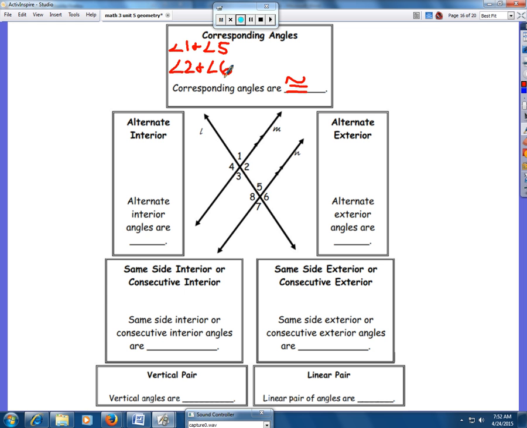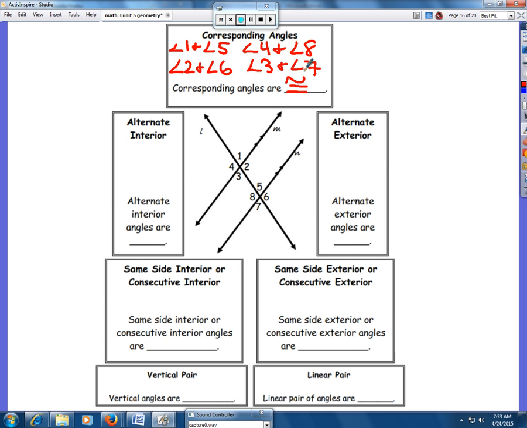Maybe you want to stop the video and try to fill this out by yourself before you look at me do it. That way you'll have to think about it and process the information instead of just copying down what I'm saying. We also have angle 4 and angle 8, and angle 3 and angle 7. So those are the corresponding angles.